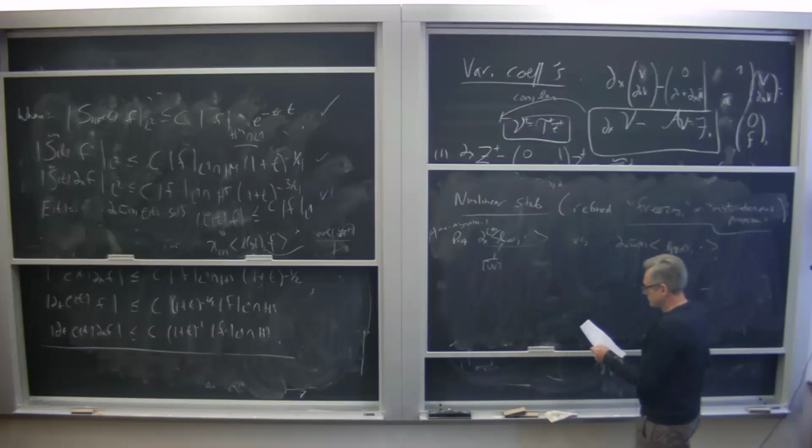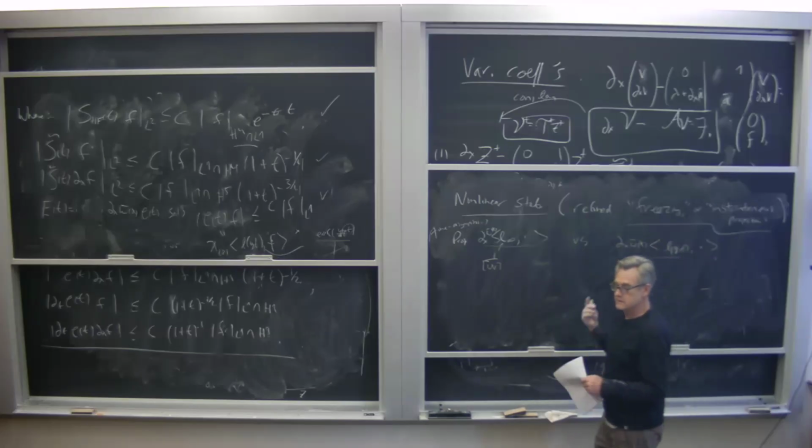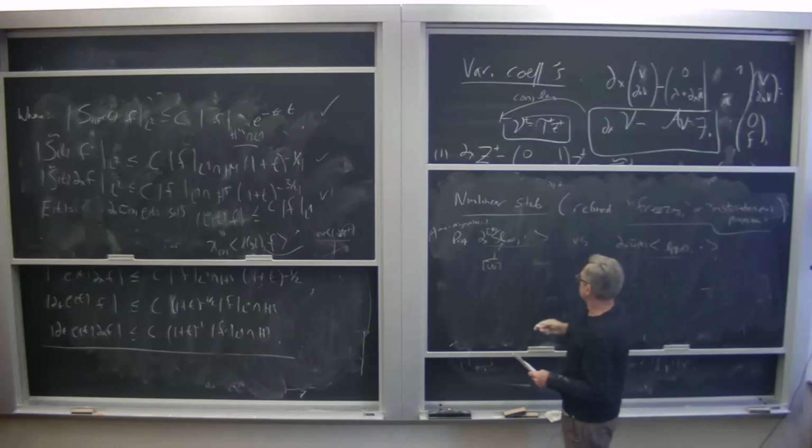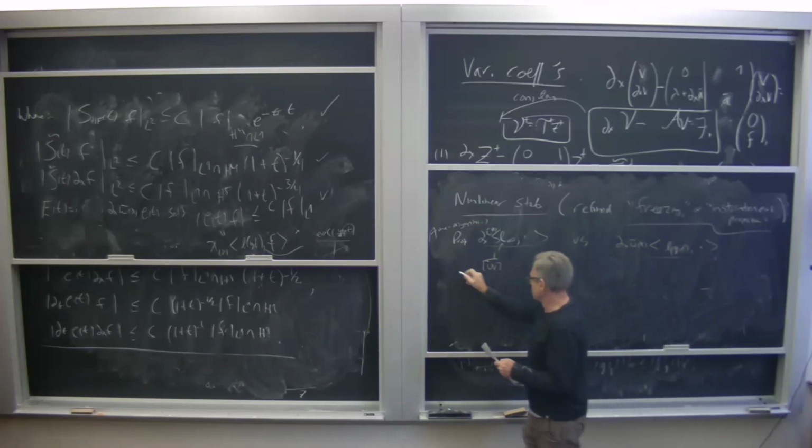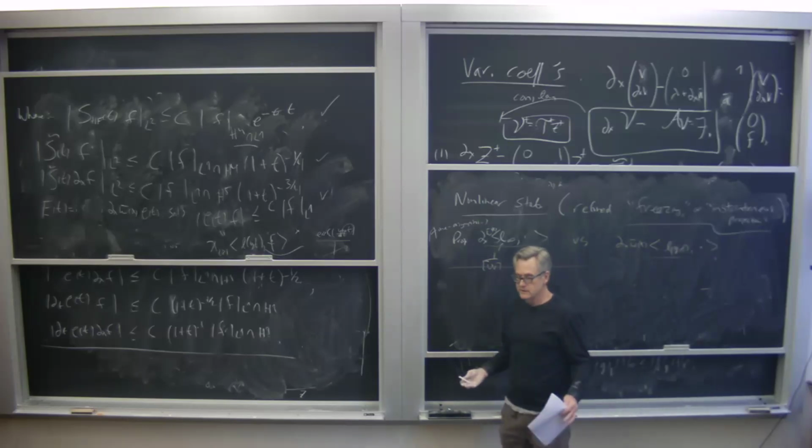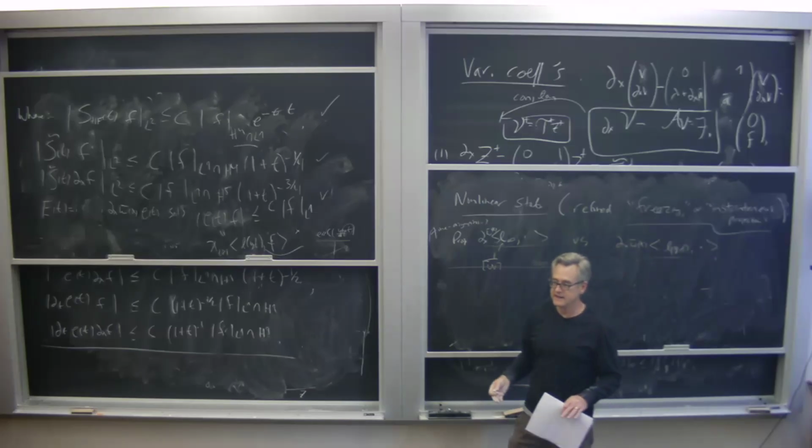That's important. And even against L1 functions, it's non-decaying in time. So this is the one we want to use, because we're not going to be able to close a stability argument if we have non-decaying elements.